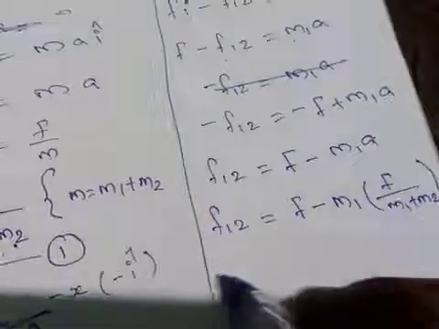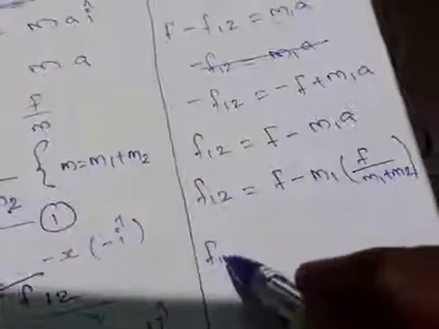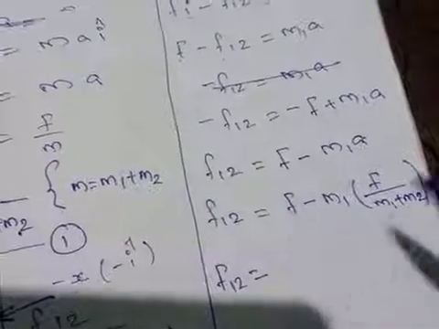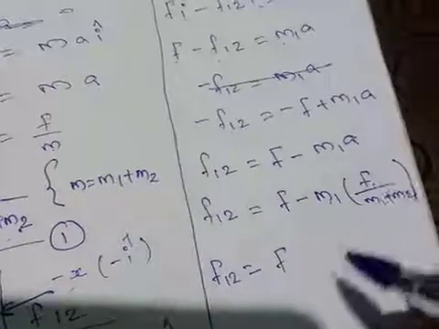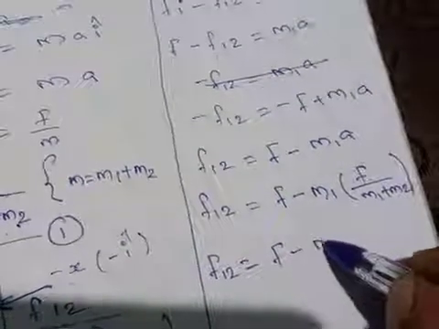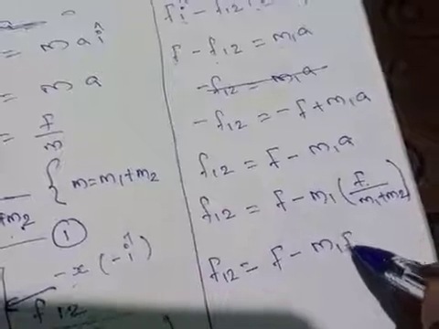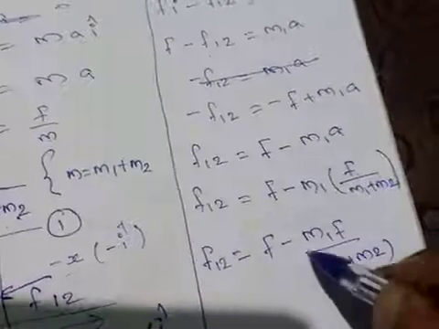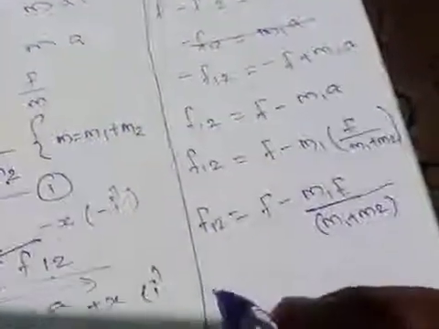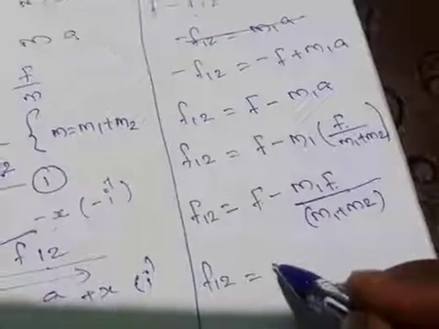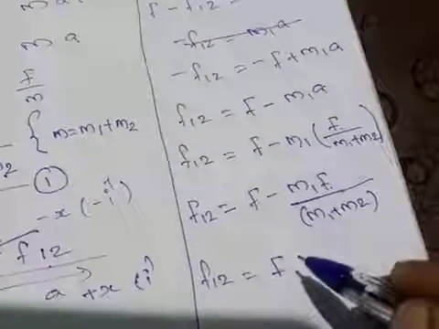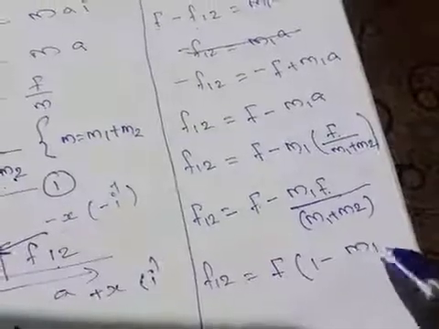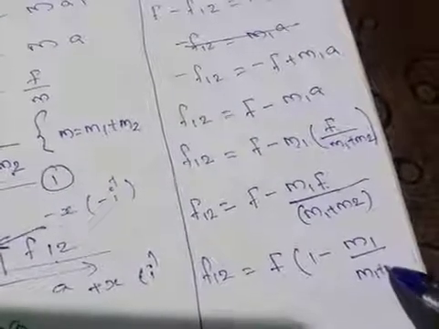Now F12 is equal to F, multiplying M1 inside, minus M1 F by M1 plus M2. Now taking this F outside, F12 is equal to capital F times 1 minus M1 by M1 plus M2.